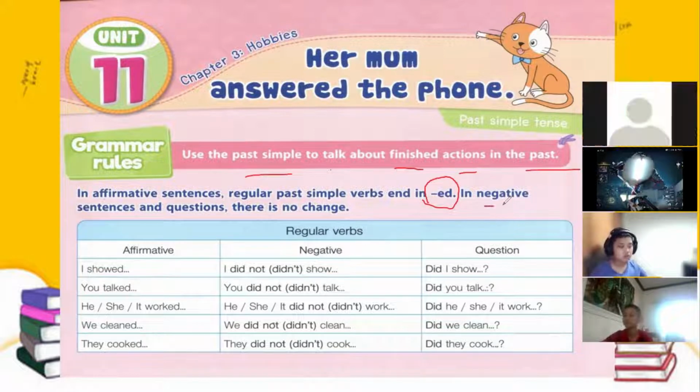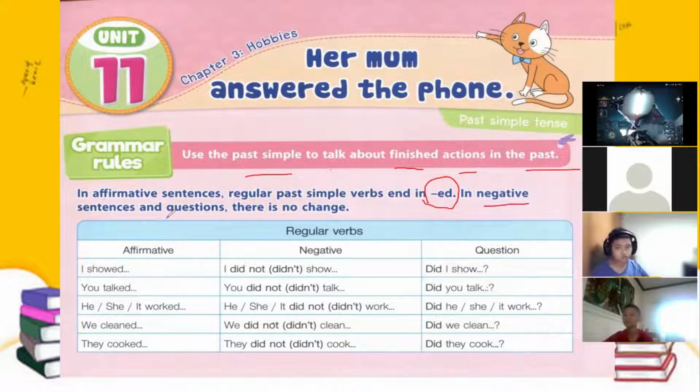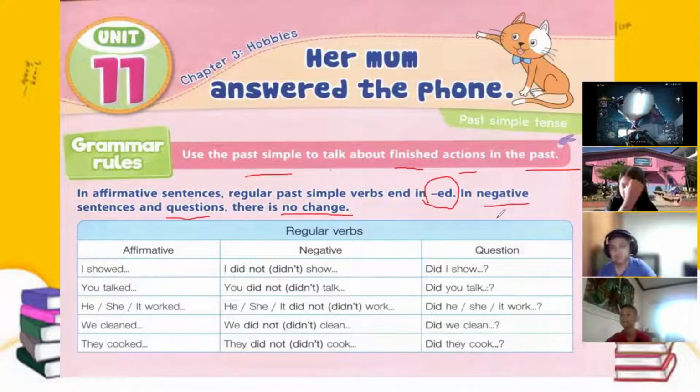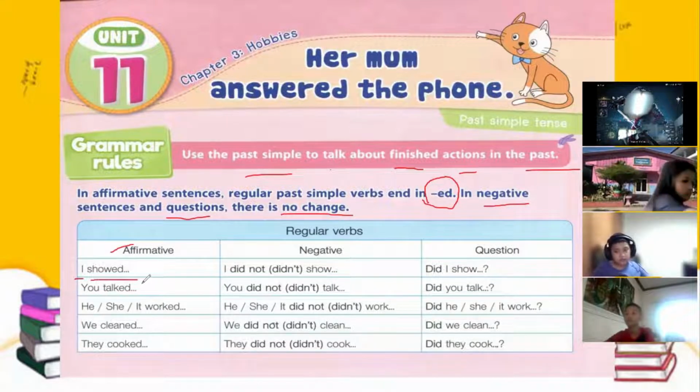But in negative and question sentences, there will be no change. We're not supposed to add ed. For example, in the affirmative sentence, the example given to us is I showed. As you can see, show is a regular word, right? So we add ed.